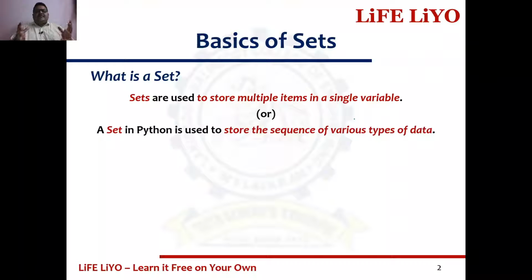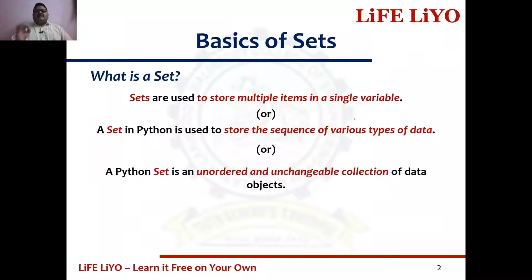Or we have another definition also. A set in Python is used to store a sequence of various types of data. That is, if you want to hold multiple types of data in one place, you can use a set. But how is it different from a list or tuple? That is what we are going to see. The third definition: a set is an unordered and unchangeable collection of data objects.